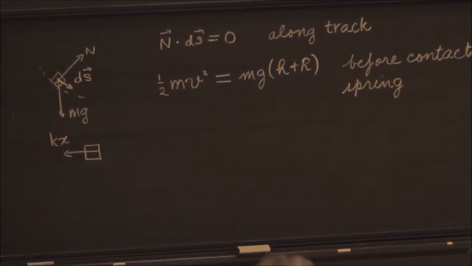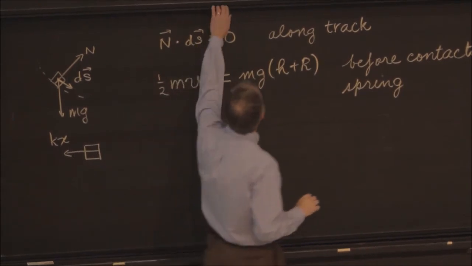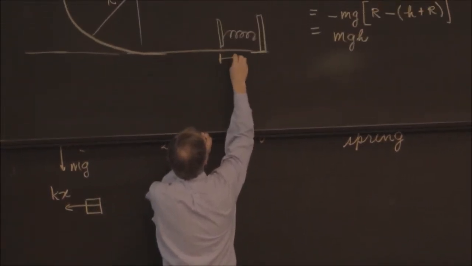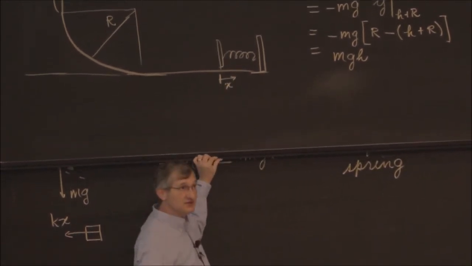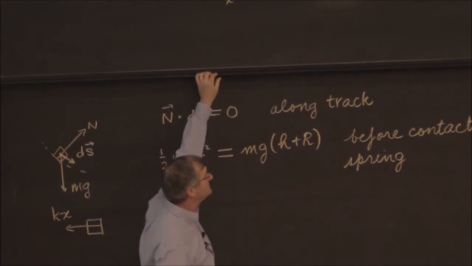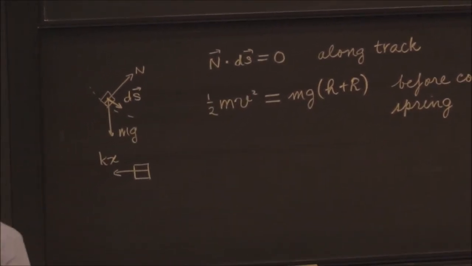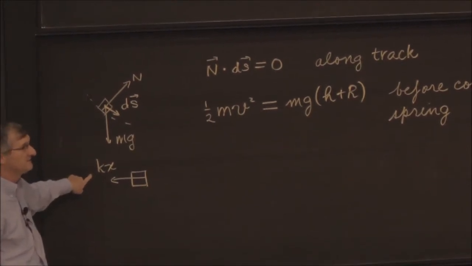From where it first touches the spring. Yeah, we have to assume that this is the unstretched length, and so if I measure x with respect to that position, then the force of the spring will be that.